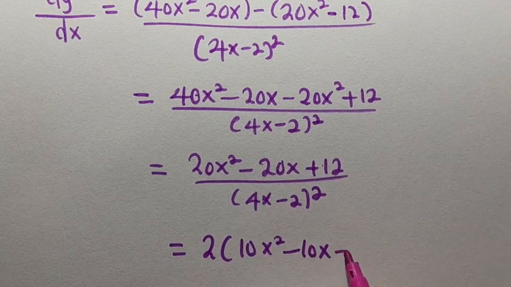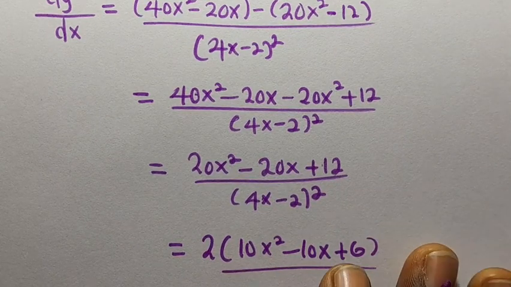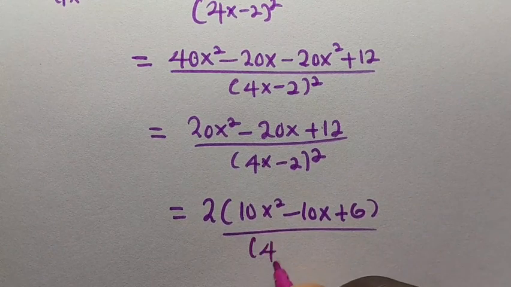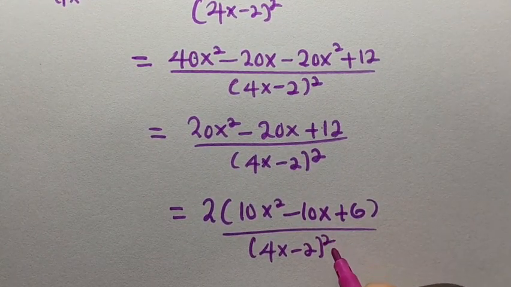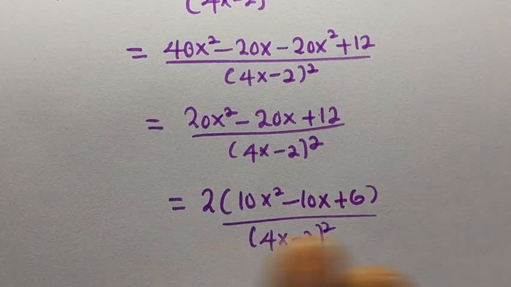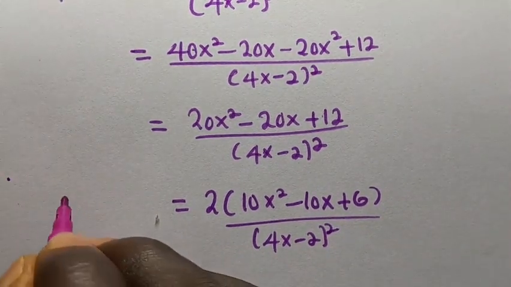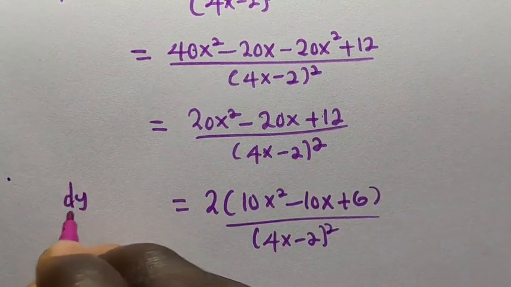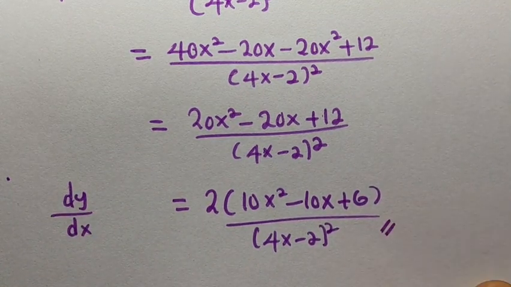Then divided by this, we have it to be plus 6, divided by (4x minus 2) all square. So therefore, dy/dx equals this.